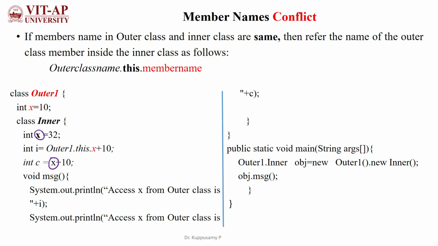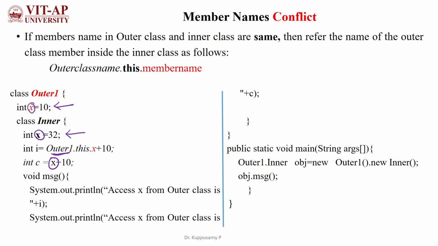One is inside the inner class and another is inside the outer class. So the outer class variable should be represented by using the outer class name, then only it will access that one. Otherwise it will give preference to the inner class variable.